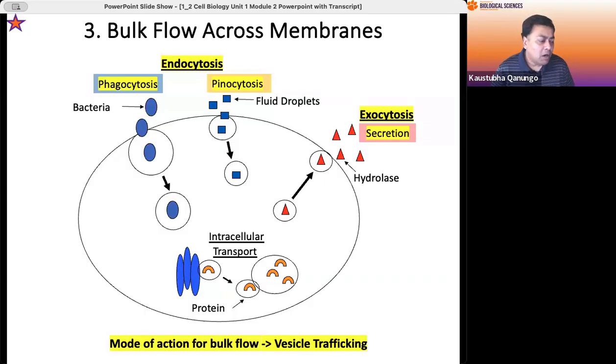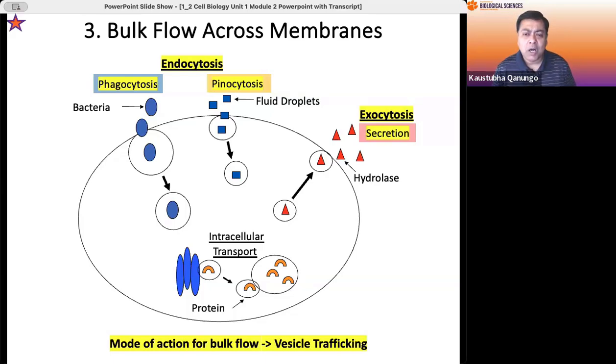And then these are very straightforward questions, just one line. Say, for example, how does a cell engulf a bacteria or a large particle? That will be phagocytosis. How does the cell pick up a fluid? That's pinocytosis, also known as fluid phase endocytosis. And secretion is exocytosis.